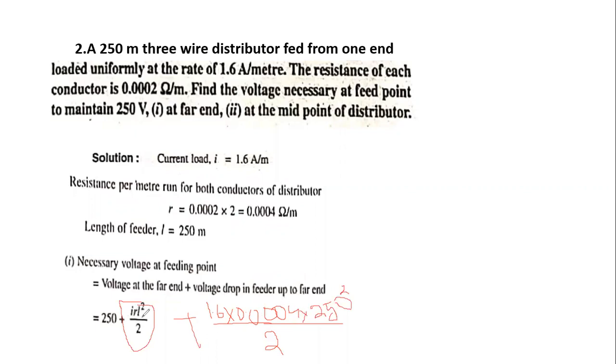This is I R L square by 2, where I is the current loading, R is the resistance, and L is the length of the feeder.